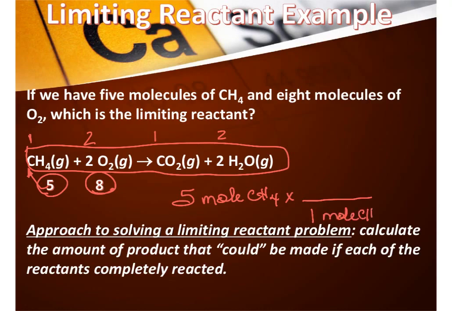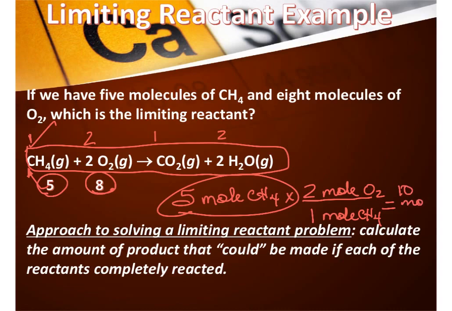For every 1 mole of CH4 that I use, I need 2 moles of oxygen, right? So that means if I start with 5 moles of methane, I need 10 moles of oxygen, right?